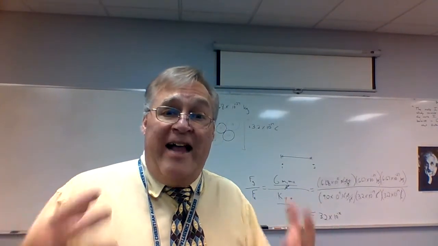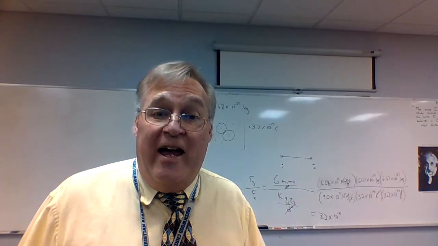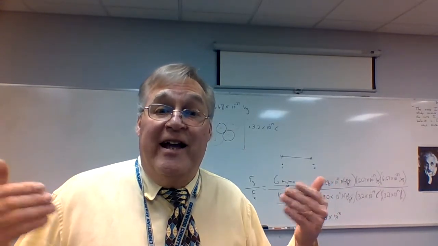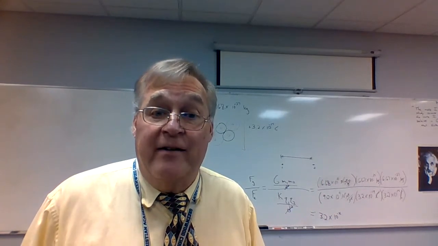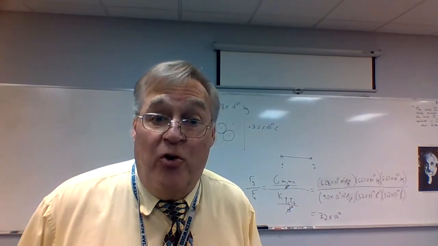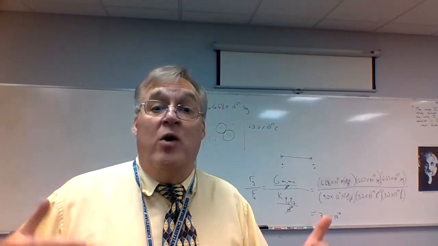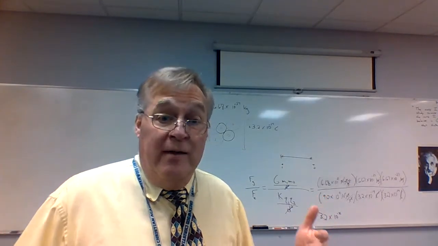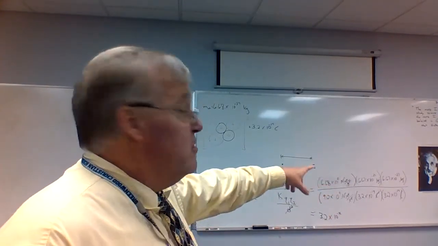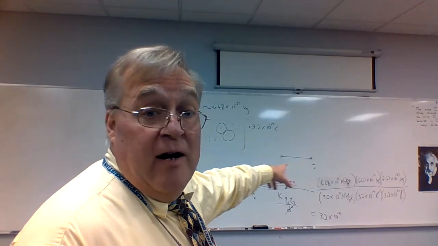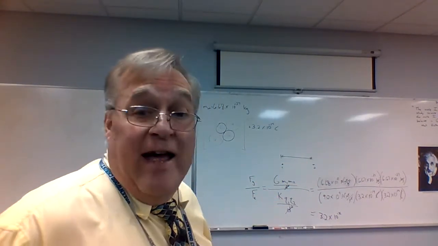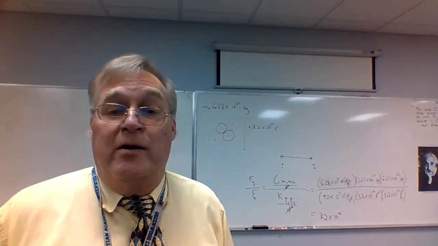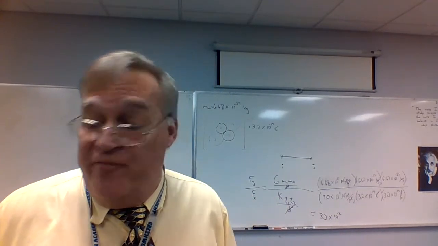So that's why people say the electrostatic force is greater than the gravitational force, because in most scenarios, when you do the ratio of the two, you're going to get that number, 3.1 times 10 to the 35th.